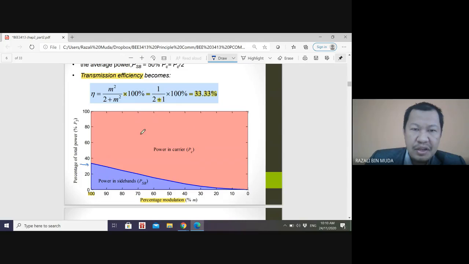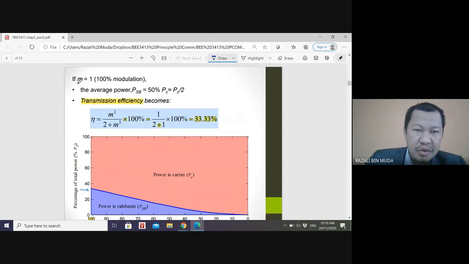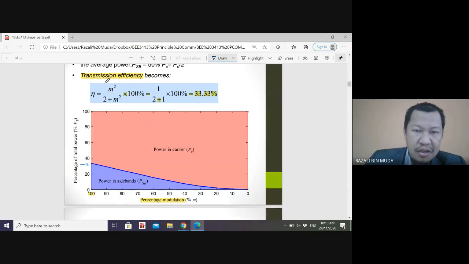So imagine that you have a modulation at 100%. When you transmit the signal, 33.3%, or one third, of the power is at the sideband, and 2/3 is in the carrier.